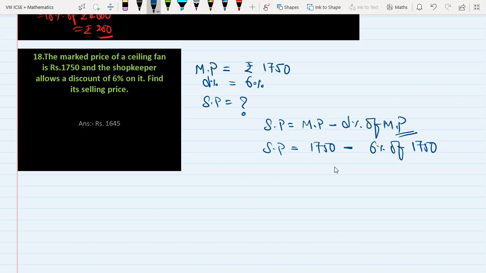Please remember this important formula: if you know the marked price and discount percent, this is how to find the selling price. That is 1750 minus 6 upon 100 multiplied by 1750. 0 cuts over here. 5 2s are 10, 5 3s are 15 and 5 5s are 25. So 1750 minus 35 3s are, and 35 3s are 105.